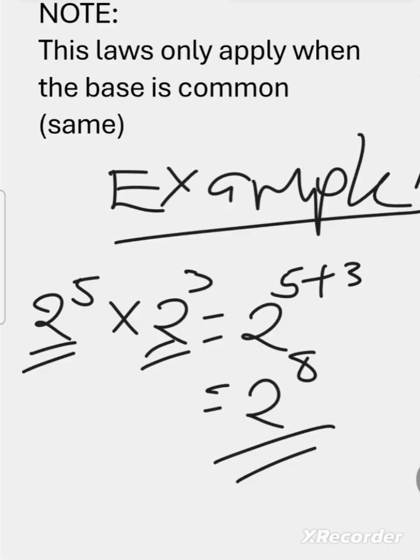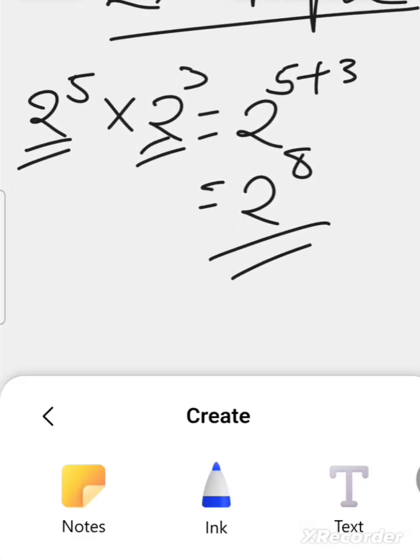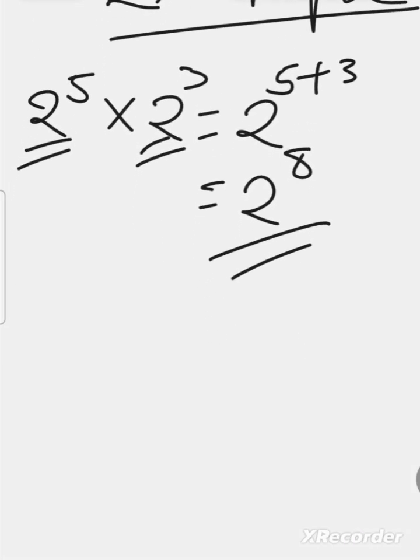The second scenario that I want you to look at is here. If you are given 2 power 4 multiplied by 3 power 3, are you able to apply the laws of indices?